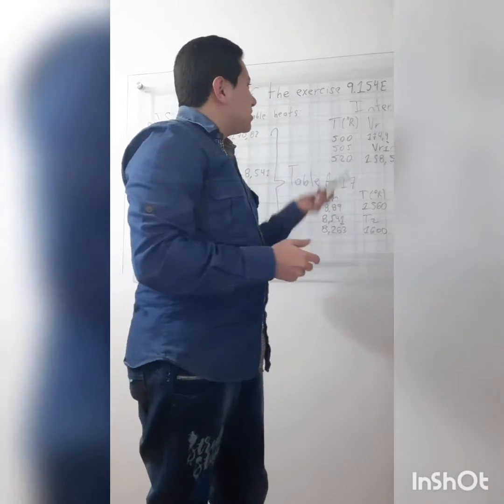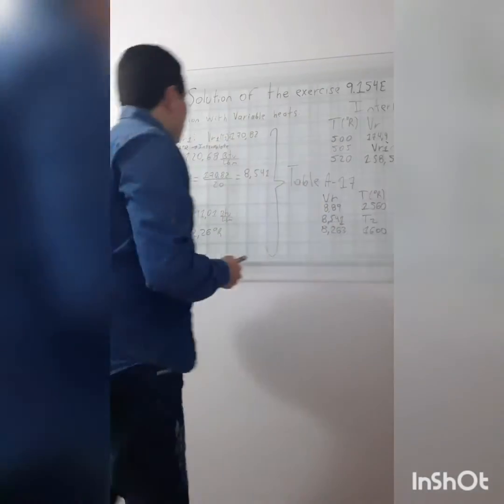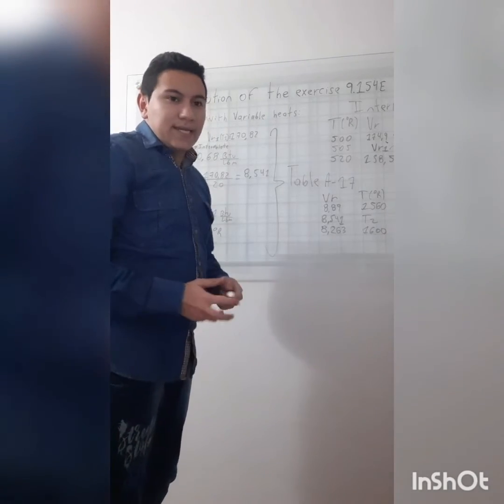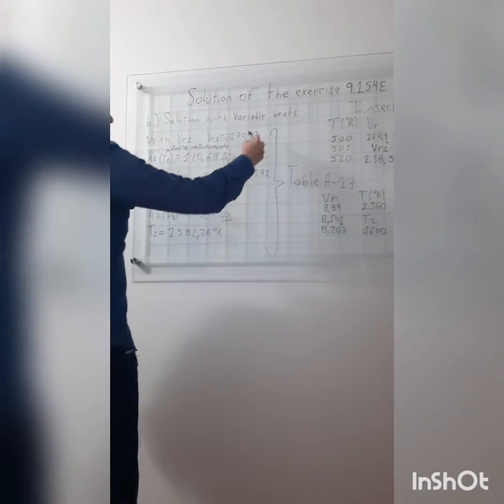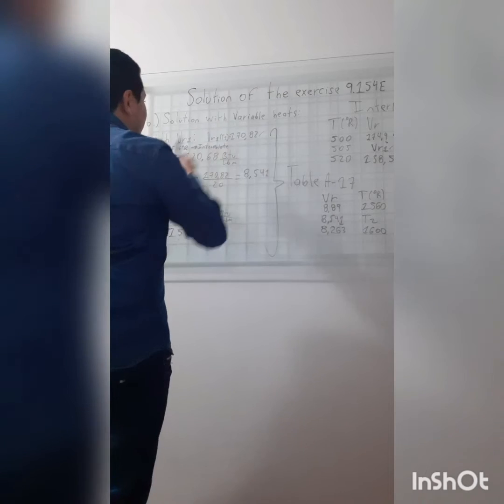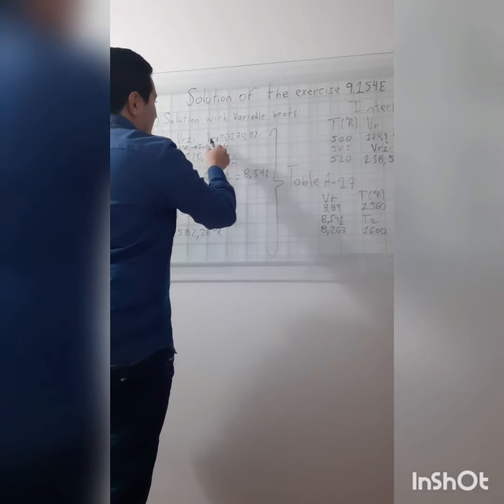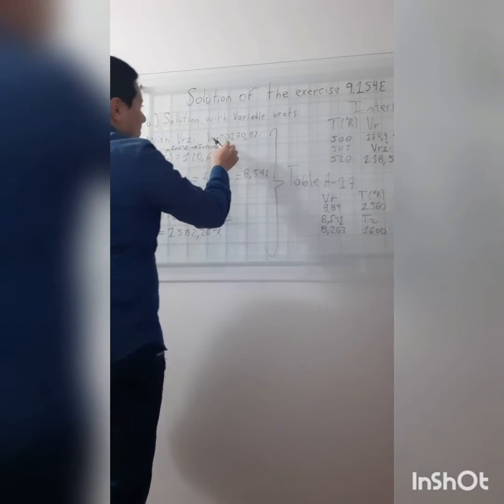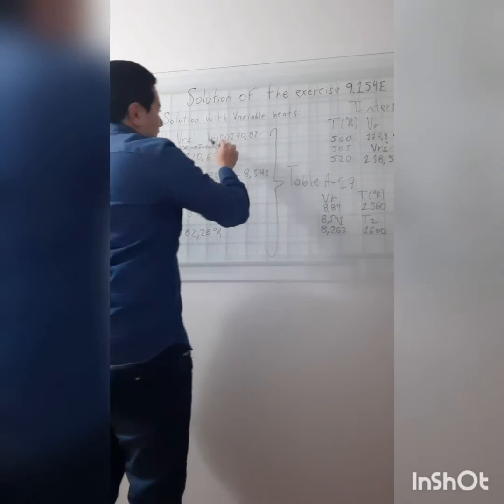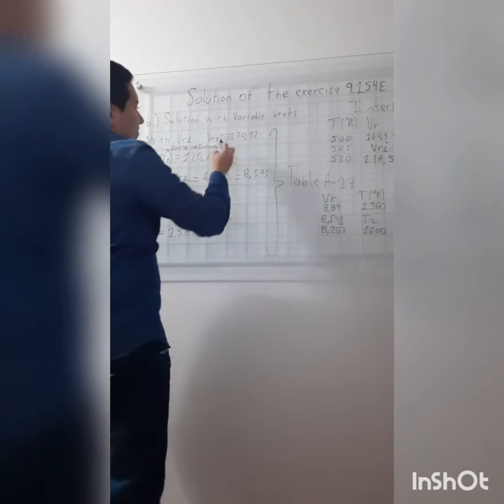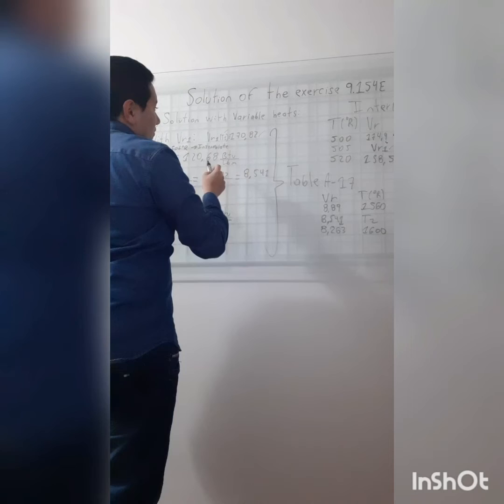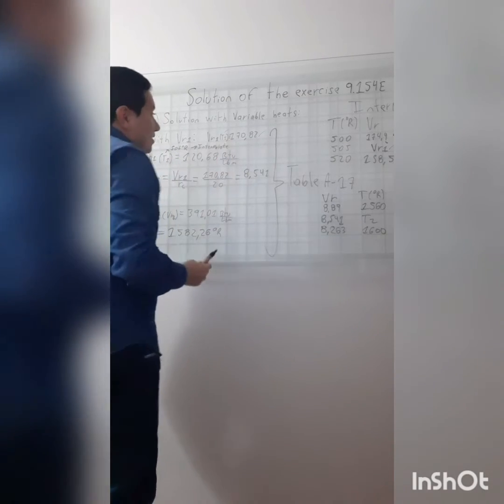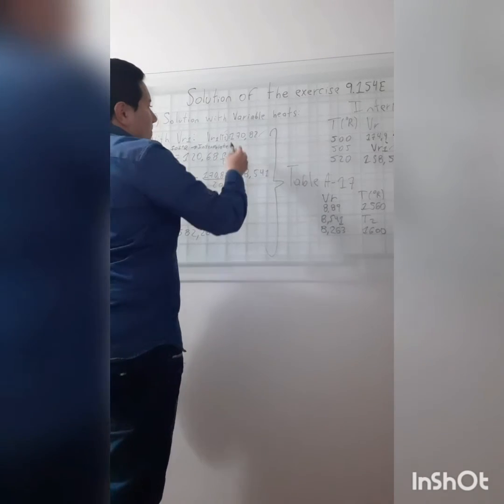We can interpolate in a calculator, yes, or in a program online on the internet, and find this value. Reduced volume as a function of temperature 1.